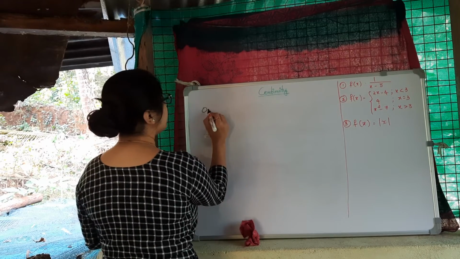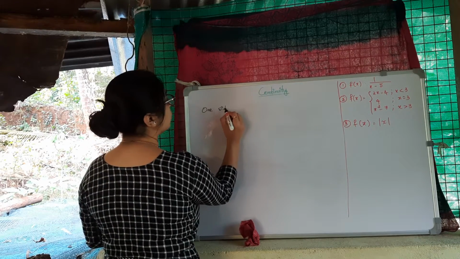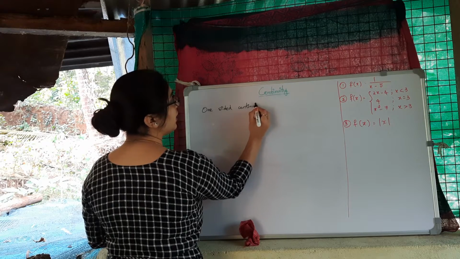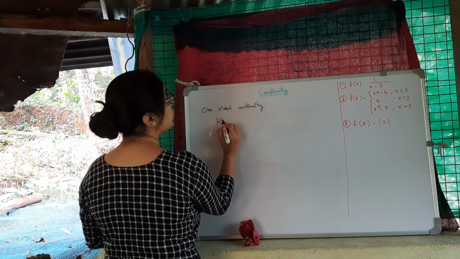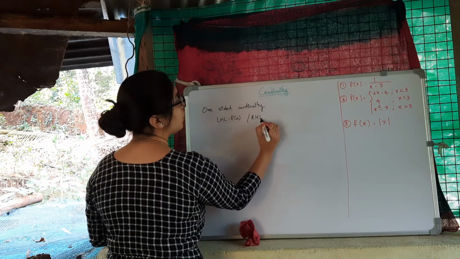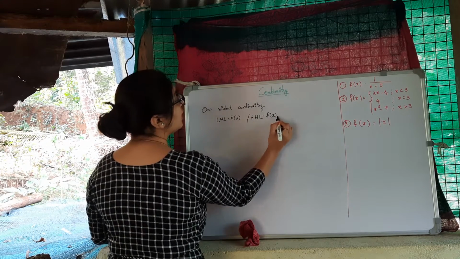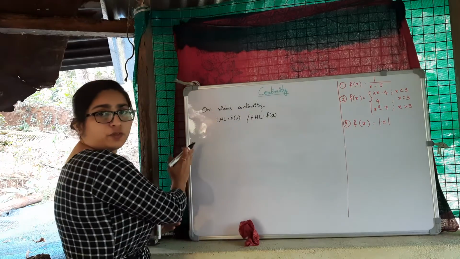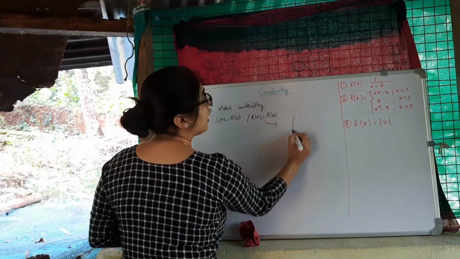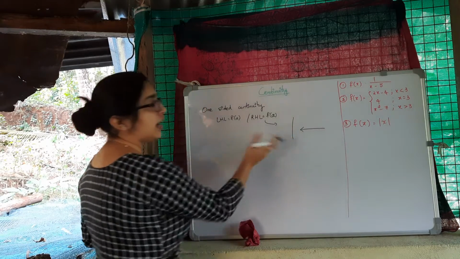You have one-sided continuity also. In this case, the left hand limit will be equal to f of a, or the right hand limit will be equal to f of a. It will be continuous from the left at the point a, or continuous from the right at the point a.